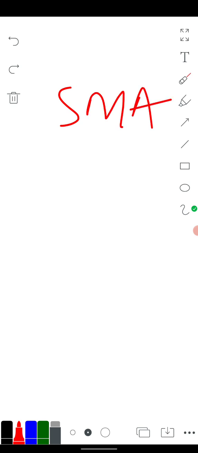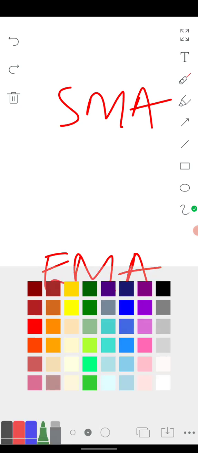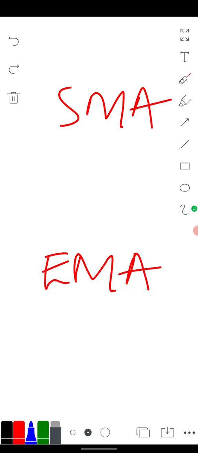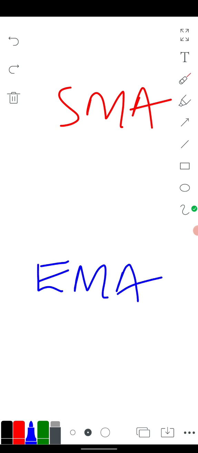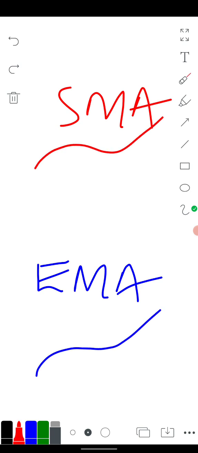Let's get into this SMA and EMA, the last one, strategy. I am considering this blue as EMA, and this red line is SMA.